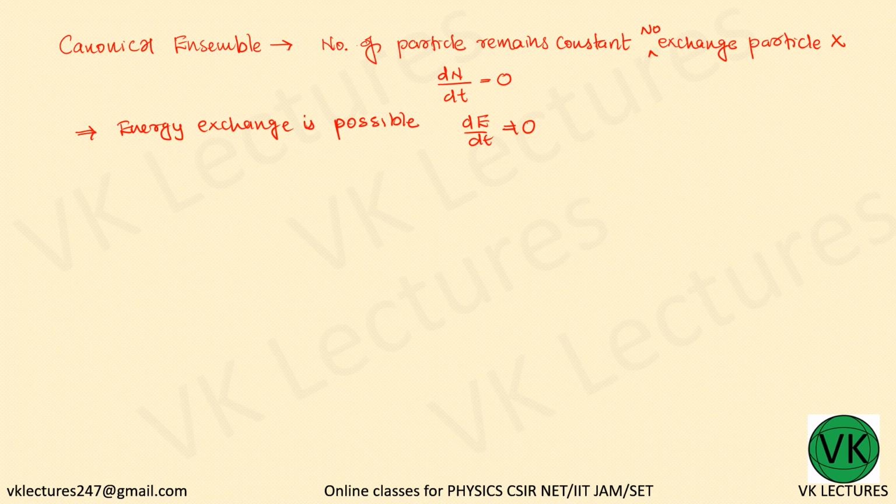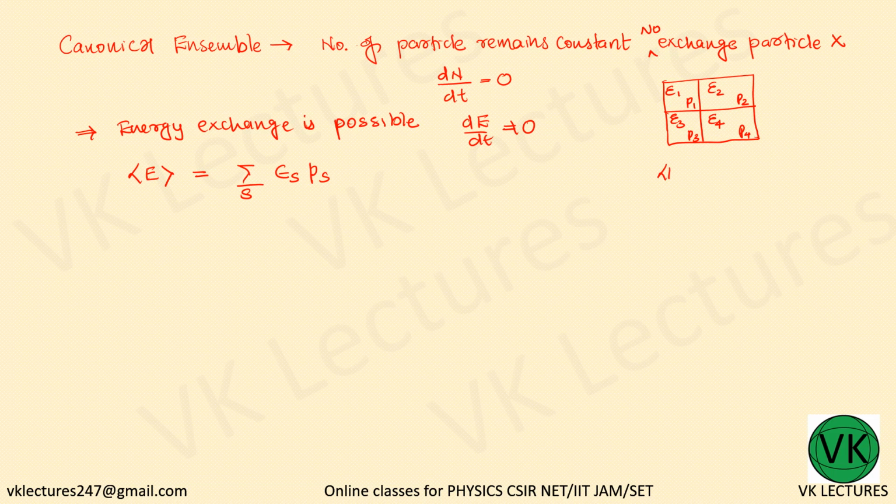So if E is not constant, we have to find the average value of E, which is given by the sum over S of E_S P_S, where E_S represents the energy of one of the states and P_S represents the probability of this state. For example, here we have 4 states, E1, E2, E3, E4, and the probabilities of finding the particle in each state are P1, P2, P3 and P4.